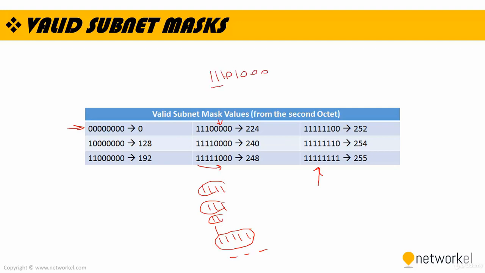Okay, I cannot separate these ones from each other. Ones are best friends and they never leave each other. If you convert these binary values to decimal values, you can get these numbers easily. And if you convert this one, this is going to be 255, for example. You can give it a try.